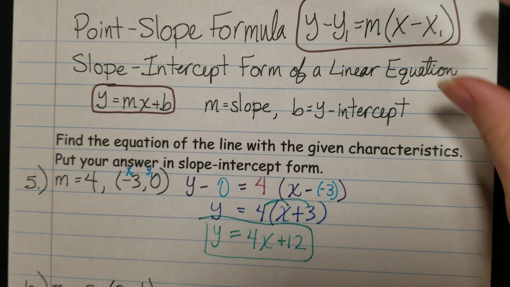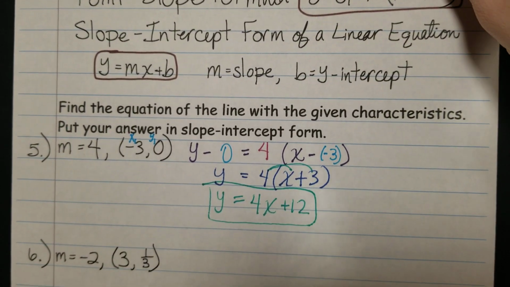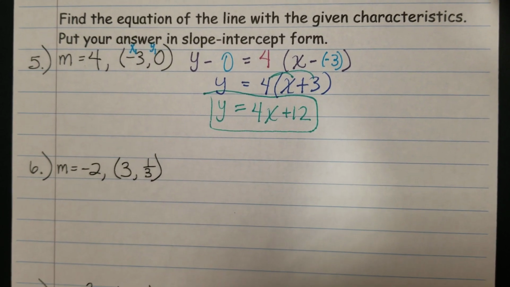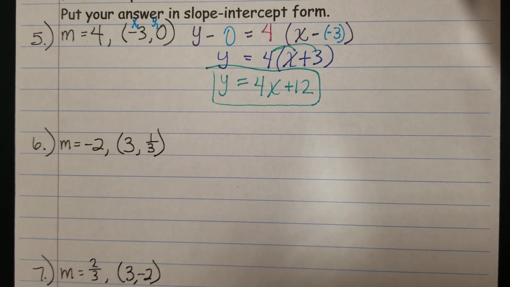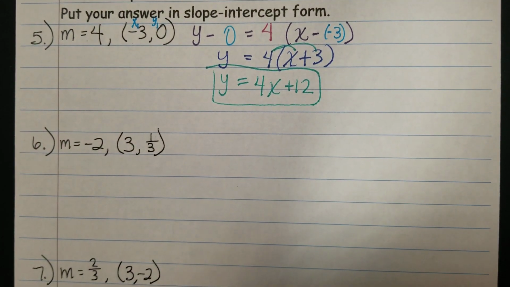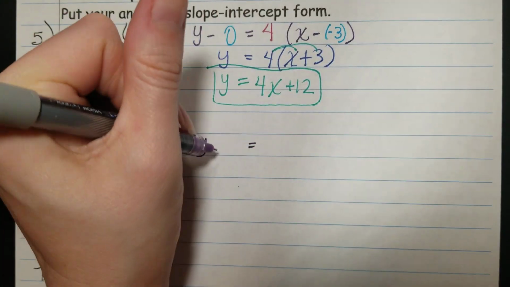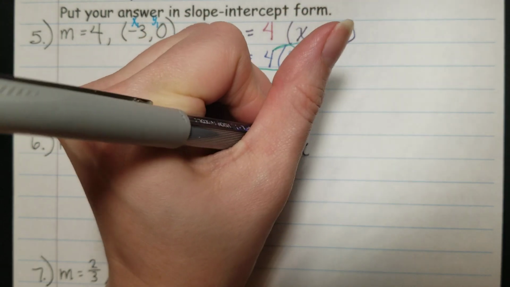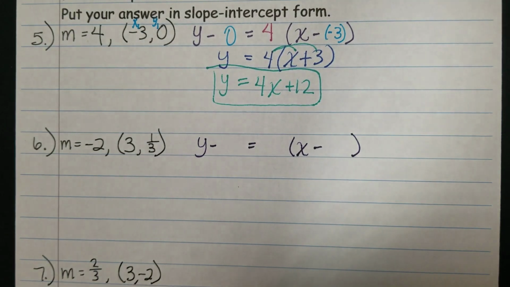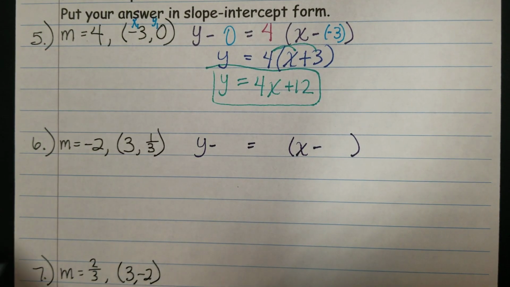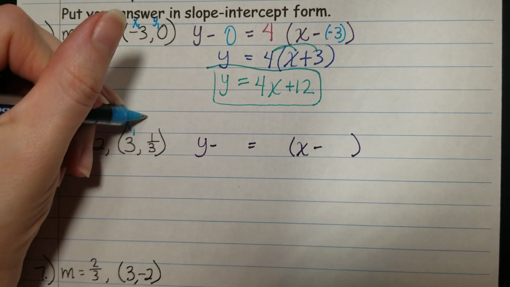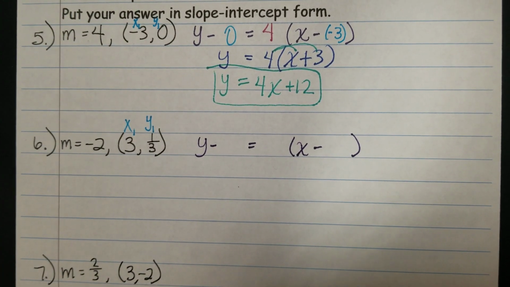Number 6, same thing. In this case we have x1 is 3, and y1 is a third, and m is -2.